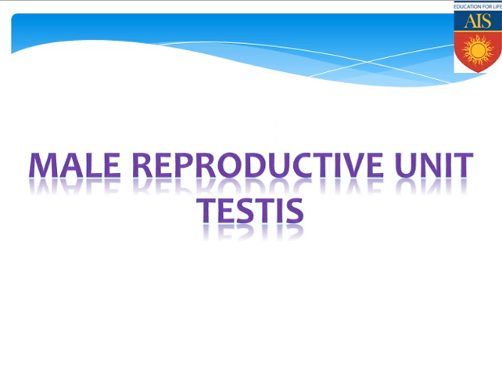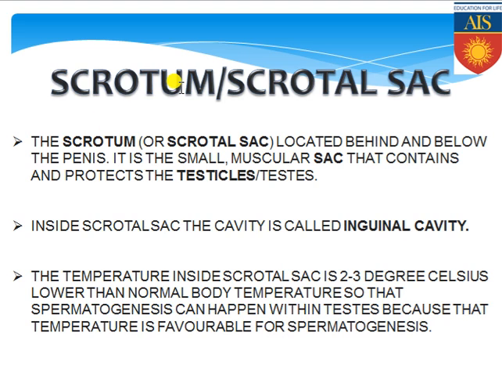Now we are proceeding to the next slide, that is the structure of the testis. But before that, we will be discussing one small portion, that is the scrotum or scrotal sac. The scrotum is a sac-like structure located behind and below the penis. Keep it in your mind, this is a small muscular sac-like structure which contains as well as protects the testes.